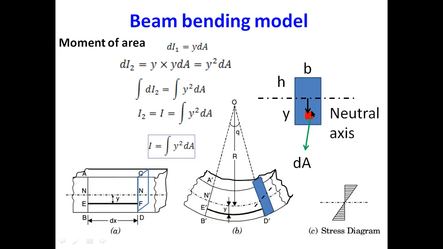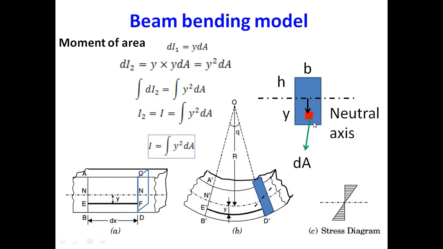For the second moment of area, again I would multiply with the moment arm. So the second moment of this small area, dI2, is equal to y times y dA. We take the first moment of area and multiply again with the moment arm to get the second moment of the small area dA, so y squared dA.